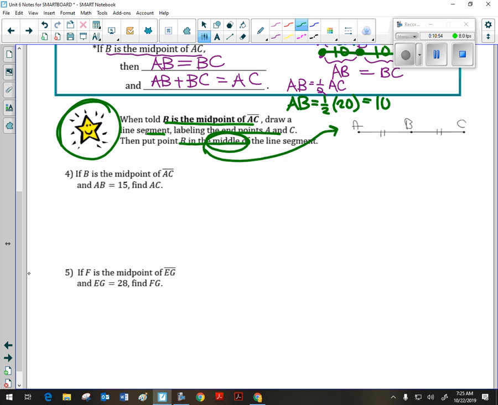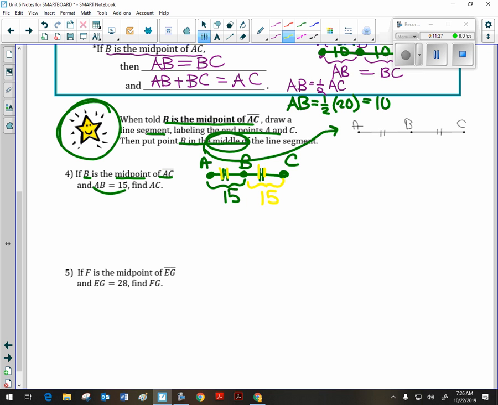So in question number 4, B is the midpoint on the segment that goes from A to C. So I'm going to draw a segment that goes from A to C. And my placement of B is going to be right in the middle so that these two parts are equal to each other. In this problem, they're telling me that AB is 15. And as soon as I know that one part is 15, I also know that the other part has to be 15 because they're equal.